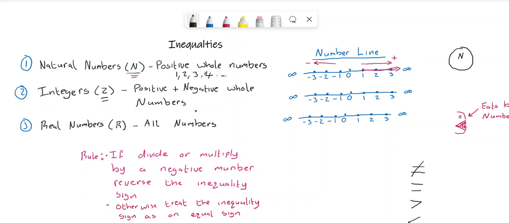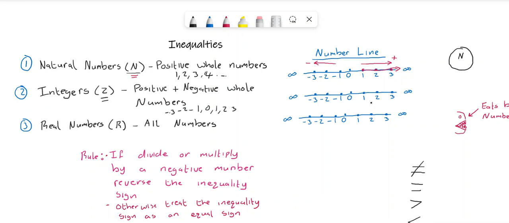For example, we'd have minus 2, minus 1, 0, 1, 2, 3, etc. So these are all what are known as integers. You'd have negative 1, negative 2, negative 3, etc.